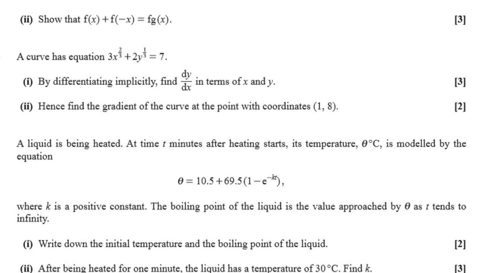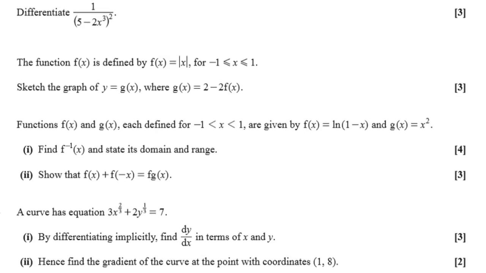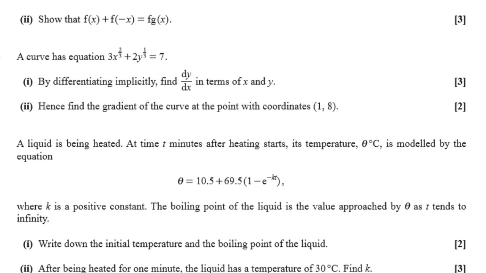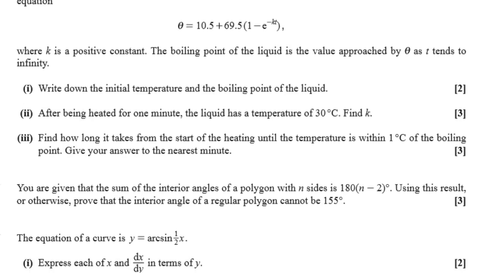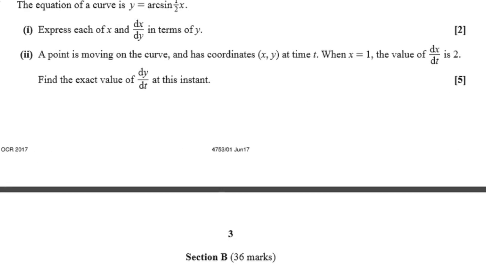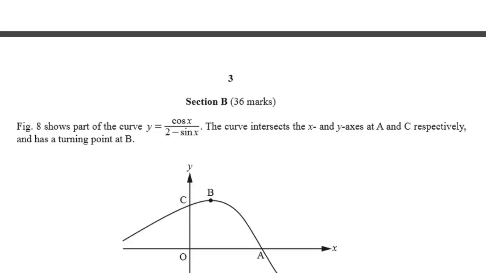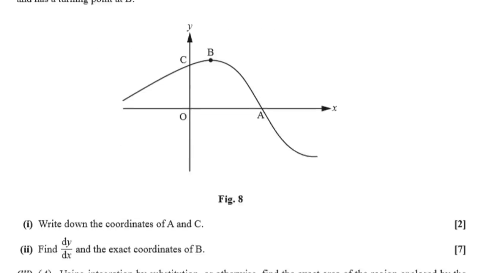Section A is comparatively challenging, but again, like I said last video, it's doable for sure. So with practice, definitely, C3 is quite a nice paper to go on with.